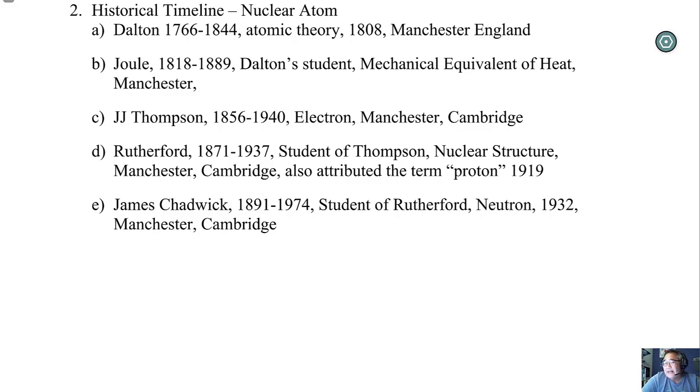And then it wasn't until 1932 that we get the last of the subatomic particles, and we'll talk about those, the neutron. If you think about that, that's less than 100 years ago that we discovered one of the last components that is in every atom except for maybe one.